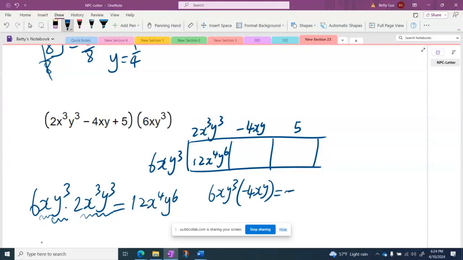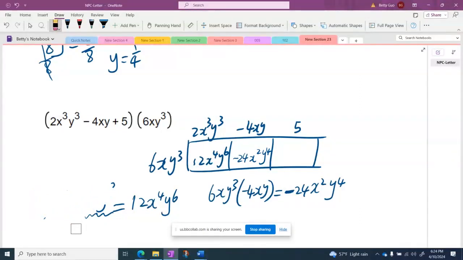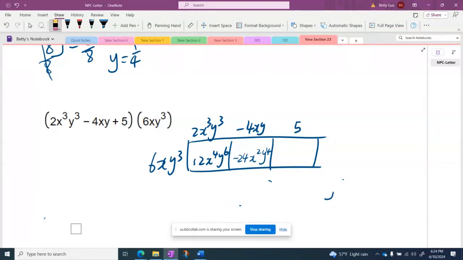Positive times negative gives us negative. 6 times 4, 24. x times x, x squared. y cubed times y, y to the fourth. So we place that term in the second cell: -24x squared y to the power 4. Let me erase those.